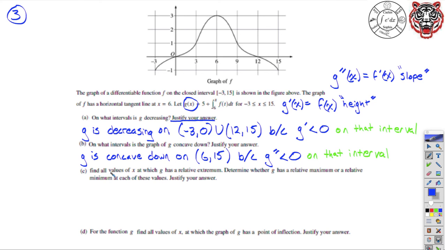All right, part C. There's a lot of things we need to find. We need to find first the extremum, then the max, then the min. So there are 3 sentences that we need to write. G has a relative extremum at x equals where?